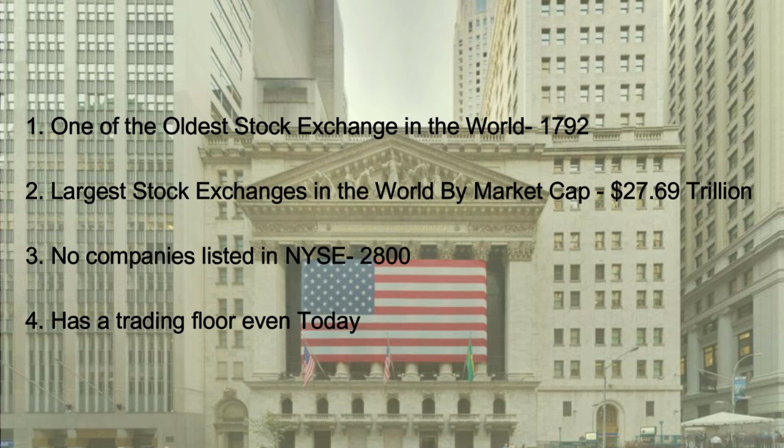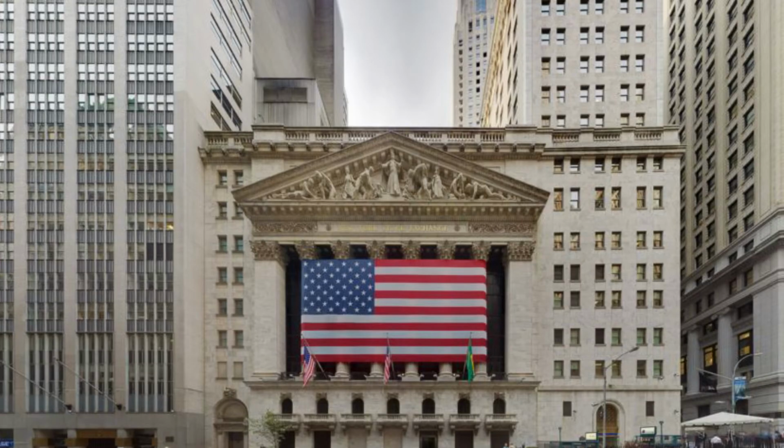In India there is no such physical trading floor today, and even the NASDAQ stock exchange has no physical trading floor, but the New York Stock Exchange still has one. So these are the major points on the New York Stock Exchange.